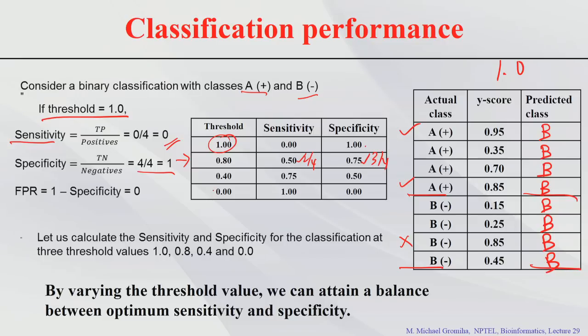But if you take intermediate thresholds, sometimes it is better in specificity or sometimes better in sensitivity. With sensitivity 0.75, the specificity is also good. If you take the average of these two, here we get 0.5, here you will get 0.625, so this is better, right. So, you can change the threshold and then see how the performance varies.